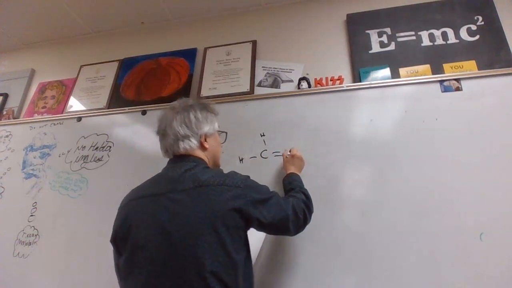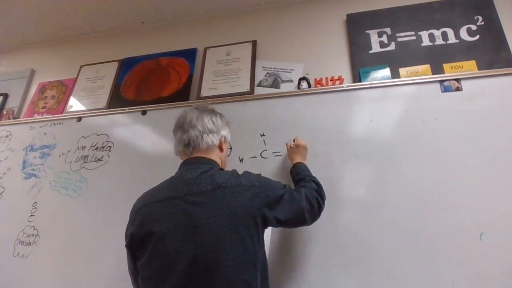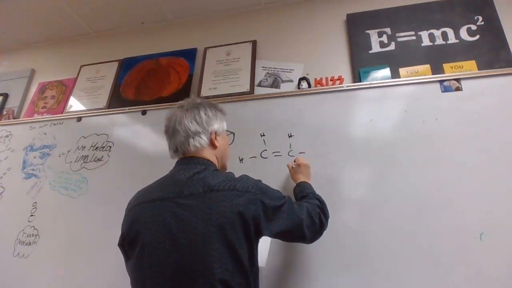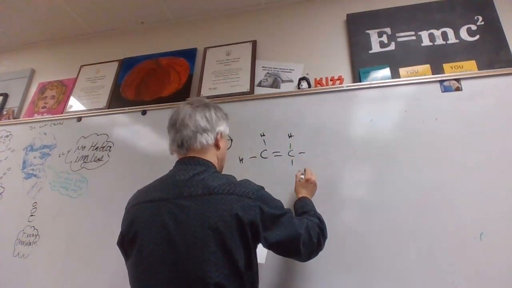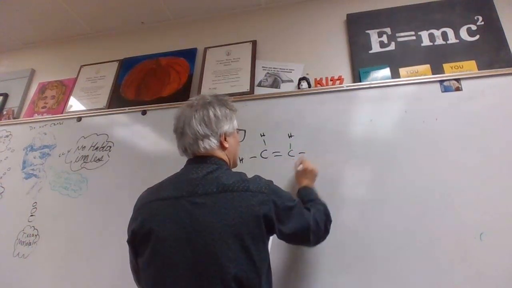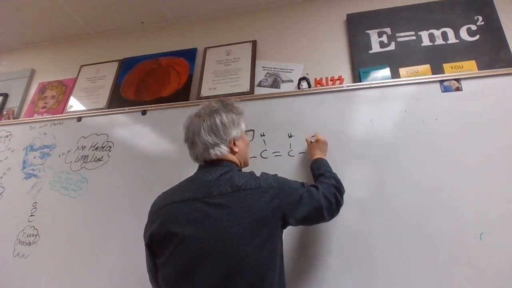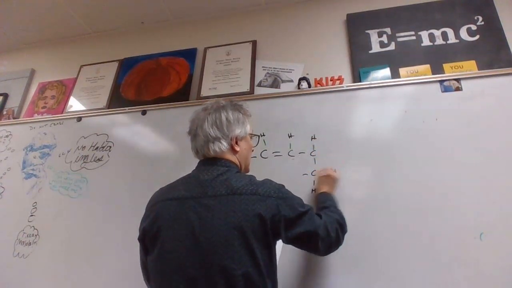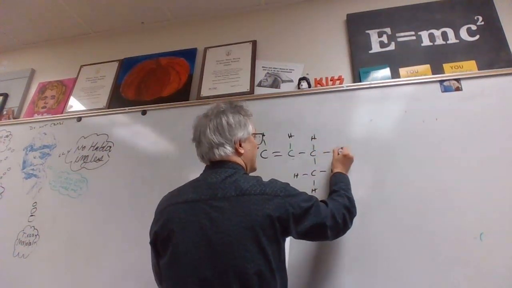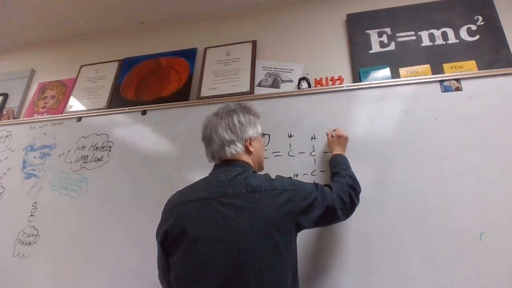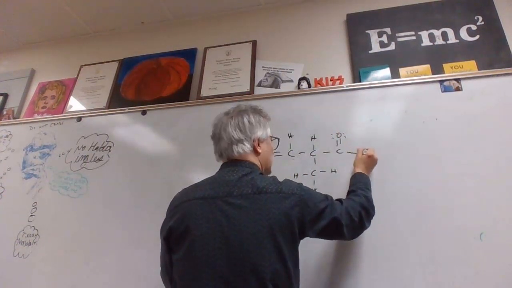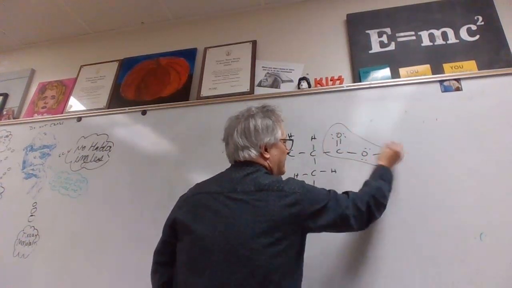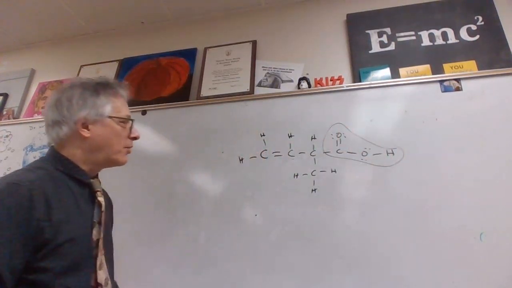An interesting one because it has a double bonded carbon in it. Got a methyl group down here. And I've got my carboxylic acid functionality here. That's the organic acid part of it.